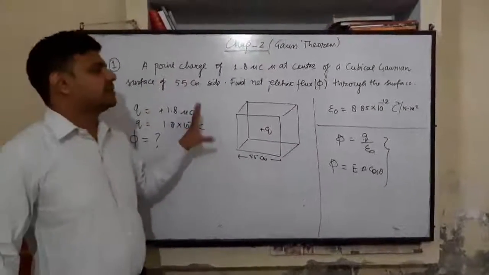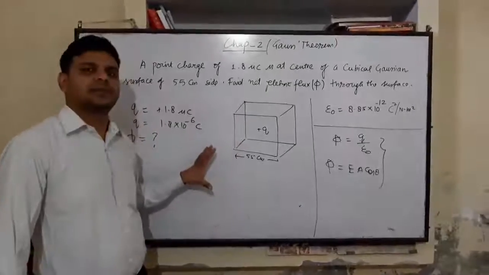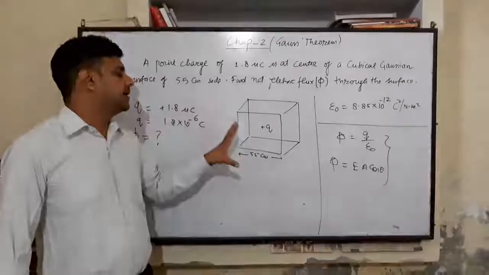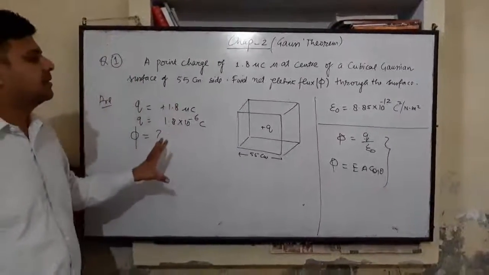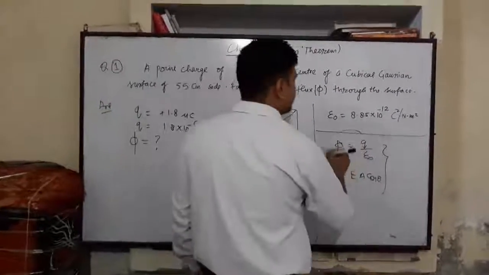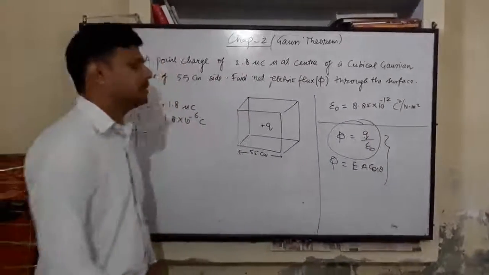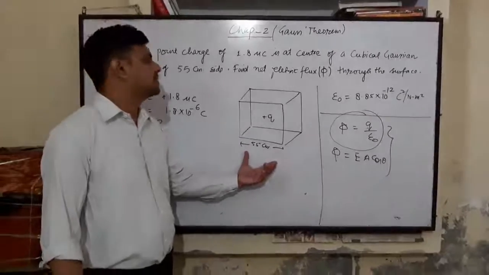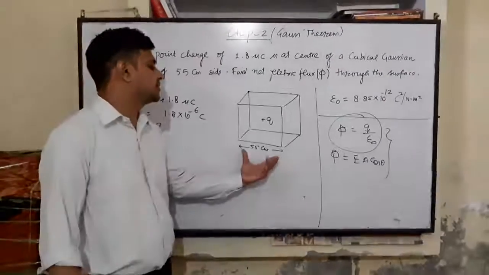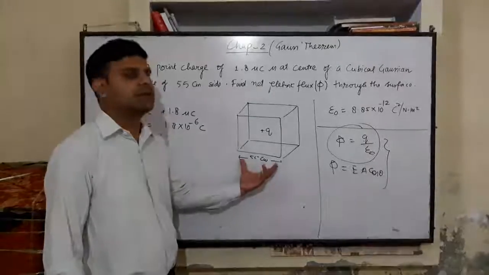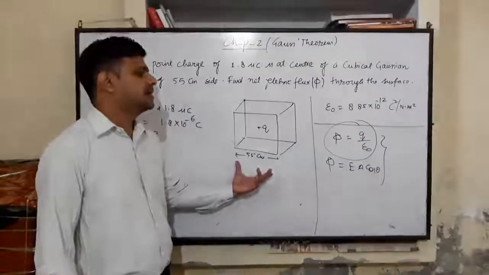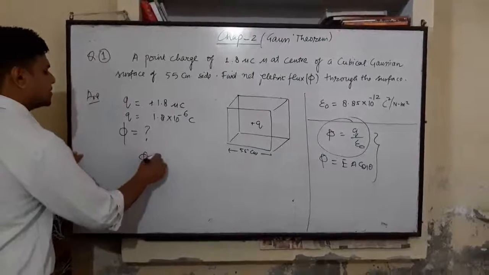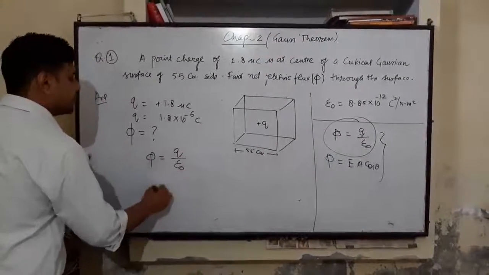The given surface is a closed surface, and for a closed surface, to find electric flux, we will use phi is equal to q over epsilon naught. It means the side of this cube is unnecessary in this numerical. We don't need it. So from Gauss theorem, phi is equal to q over epsilon naught.